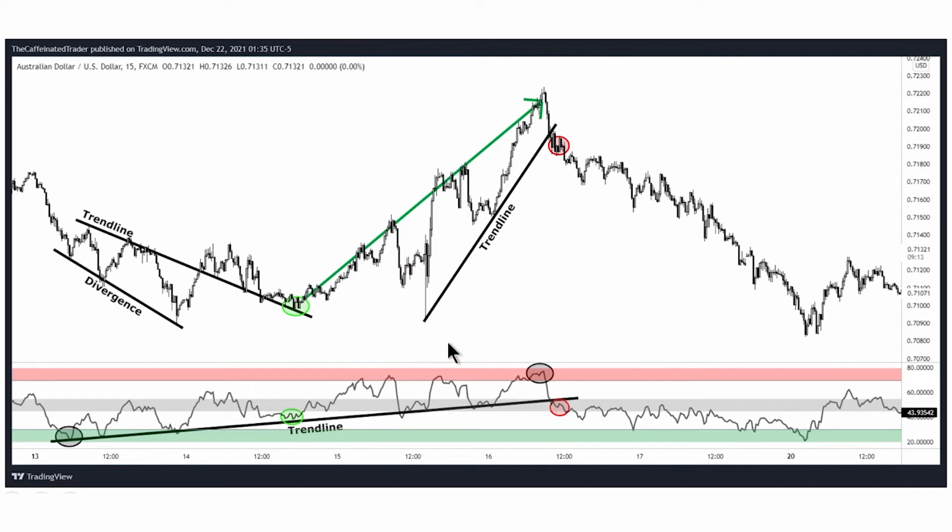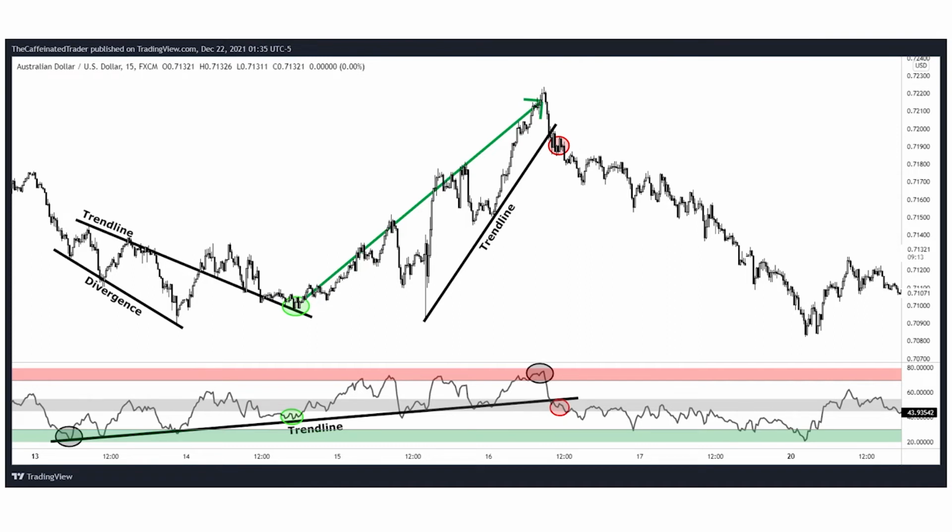All right, because we do see trend break here, and the overbought signal. Another thing too to note, it also did break below that 50% line, which I mentioned as well is a potential for a shift in the market that we are now going short.